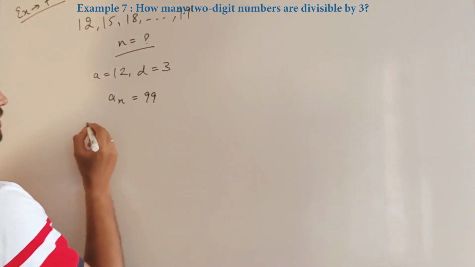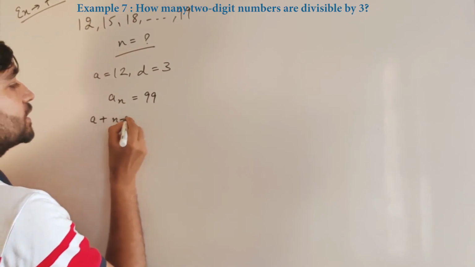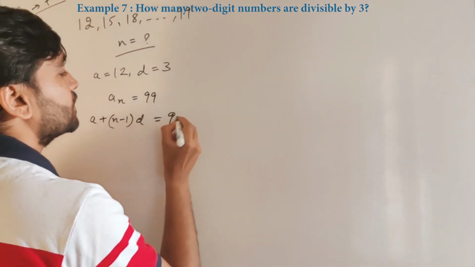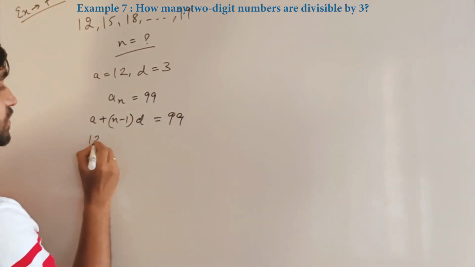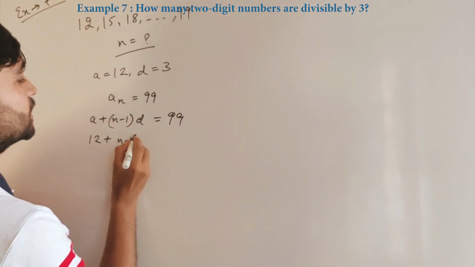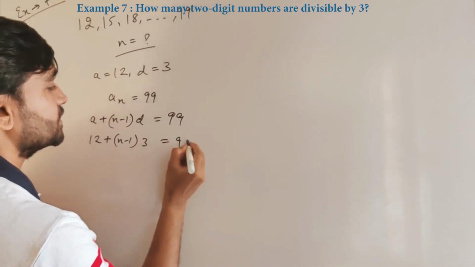Now AN, we know the formula: A plus n minus 1 into d equals 99. We already know the A and d values, so we substitute. 12 plus n minus 1 into the common difference is 99.